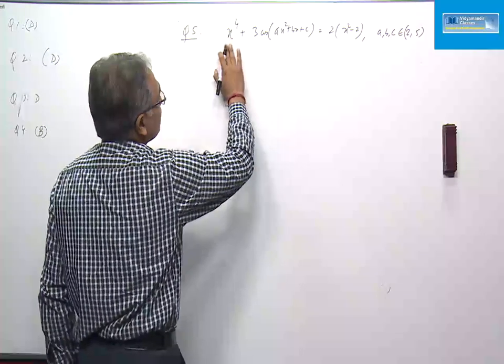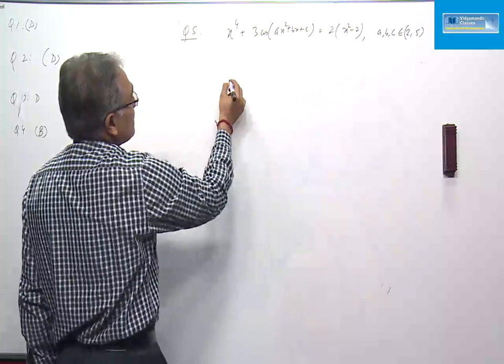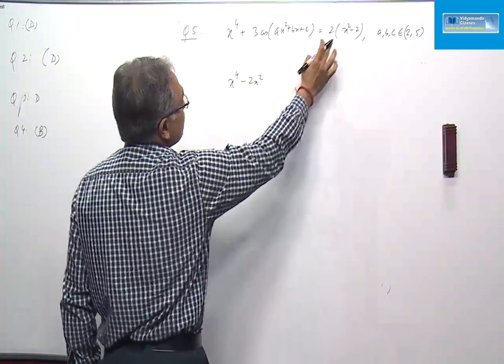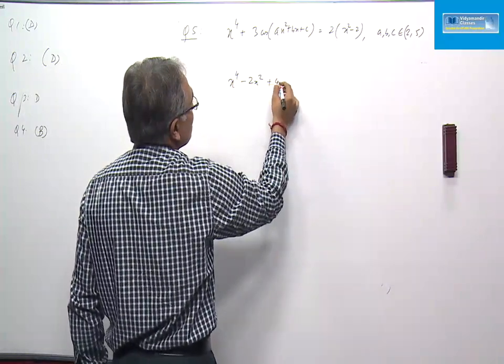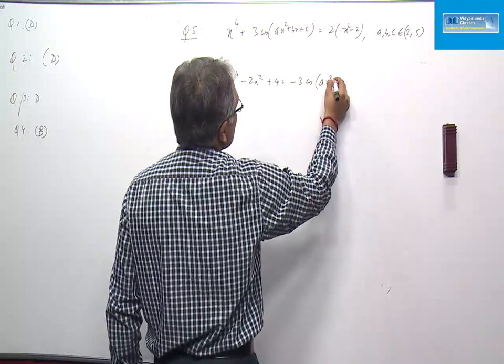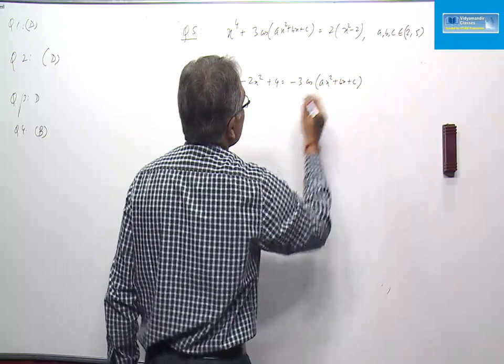Now, let's take the polynomial part this side, that is x to the power 4 minus 2x square plus 4 is equal to minus 3 cosine of (ax square plus bx plus c).